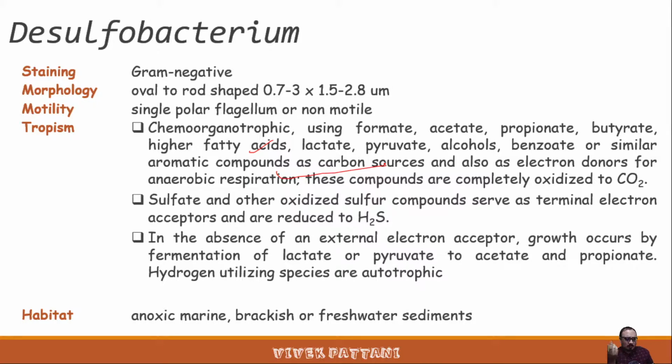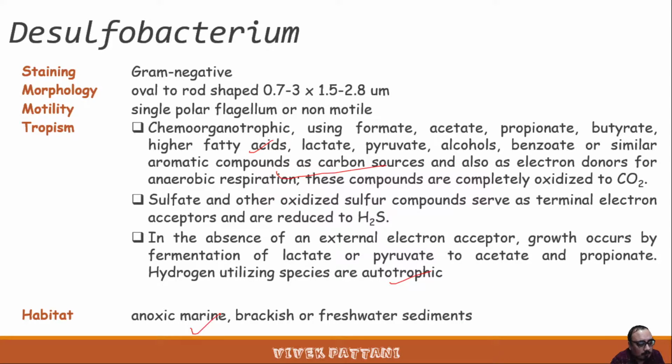Sulfates and other oxidized sulfur compounds serve as terminal electron acceptors and are reduced to hydrogen sulfide. In the absence of an external electron acceptor, growth occurs by fermentation of lactate or pyruvate to acetate and propionate, and some species which can utilize hydrogen are autotrophic, using carbon dioxide as their carbon source.